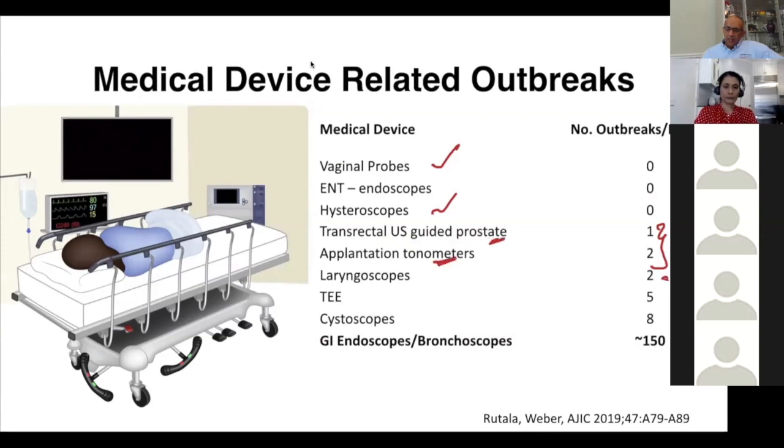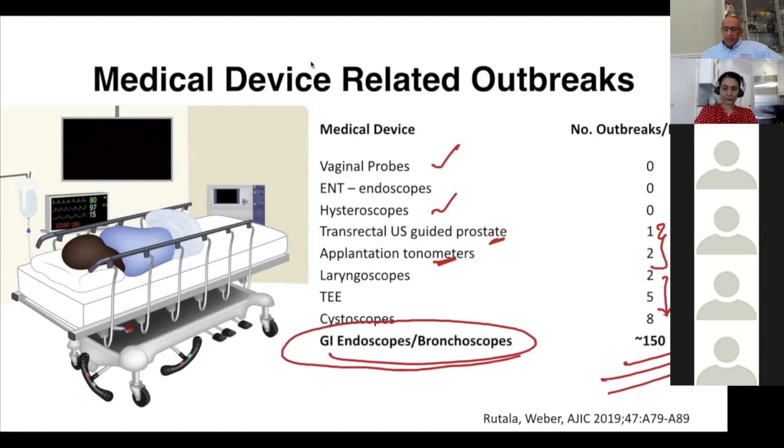And as you come down the list, gastroscopes and bronchoscopes account for the majority of the outbreaks related to medical devices in the hospital. And that is a big deal.